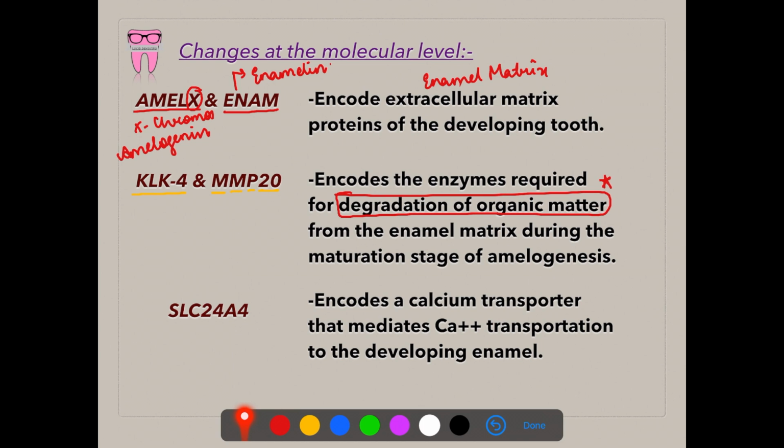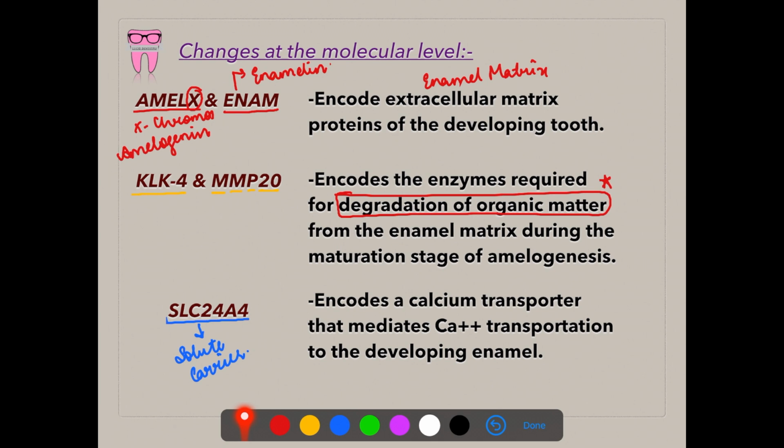Okay, now coming to the fifth gene, that is SLC24A4. It is a solute carrier that encodes proteins which act as calcium transporters, which help in transportation of calcium during enamel maturation or during enamel calcification. Any defects or mutations in this gene can cause hypocalcification of enamel.